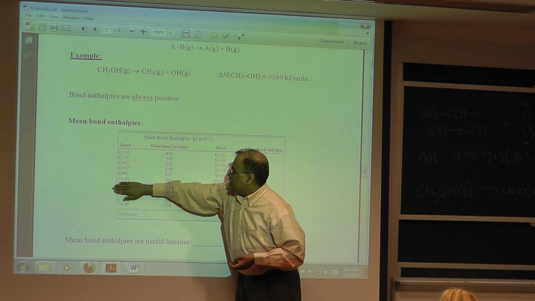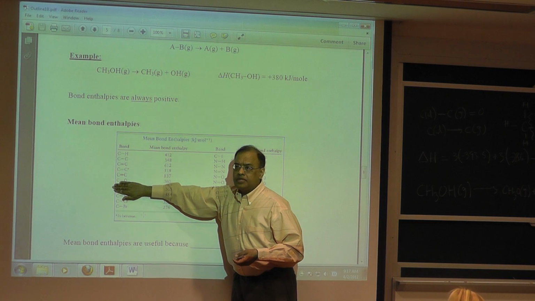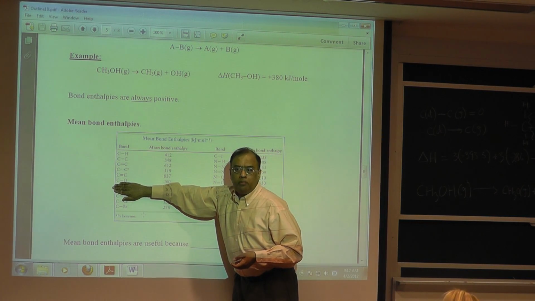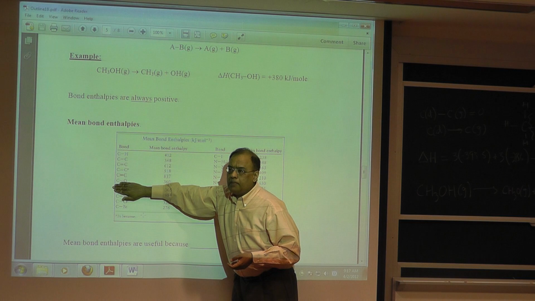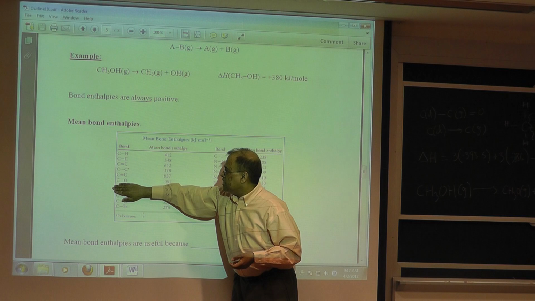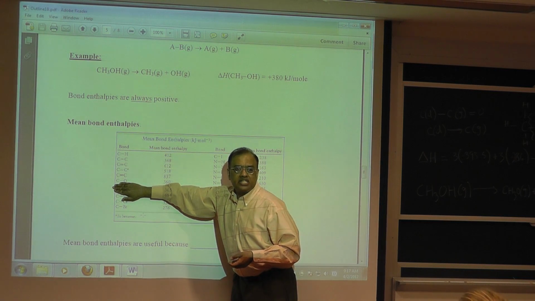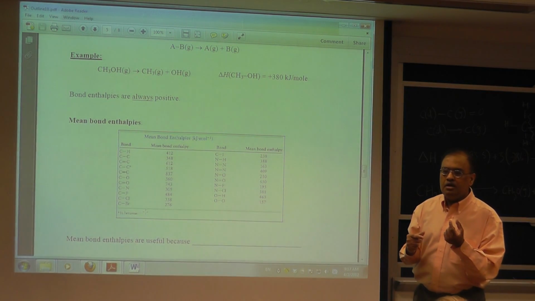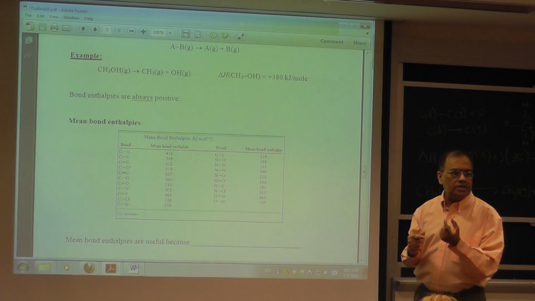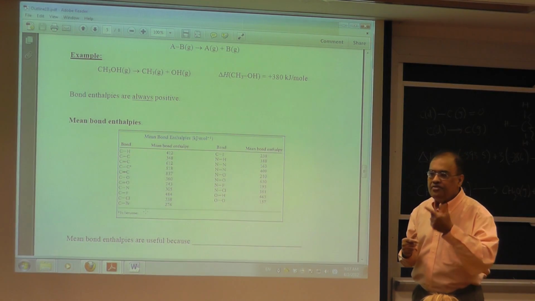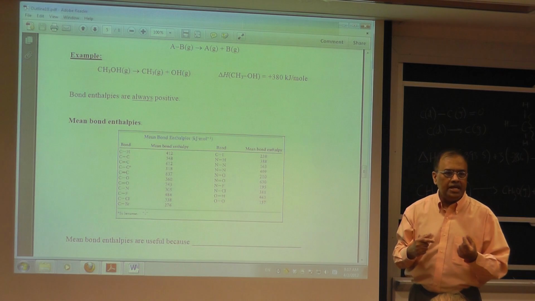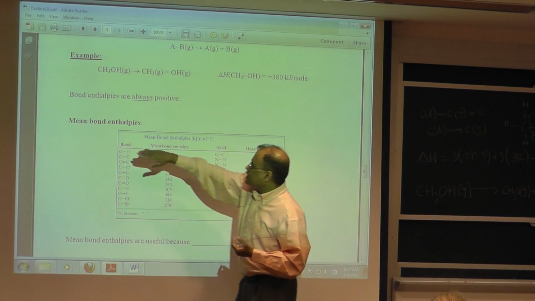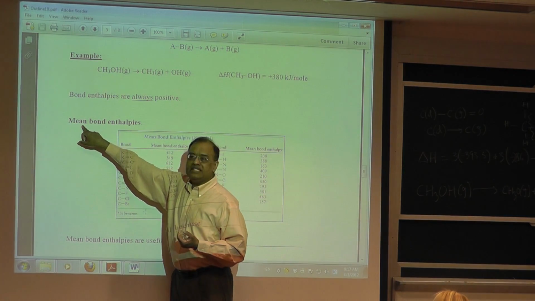And what you find in this table is that if you look at the CO bond for hundreds of compounds that contain the CO bond and average over it, the value is about 360 kilojoules per mole. The CO bond is approximately the same strength going from one compound to another, and therefore you can average over a lot of compounds and talk about a quantity called the mean bond enthalpy. Mean means average.